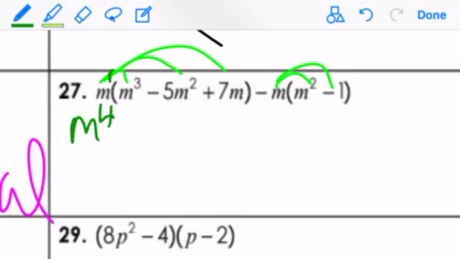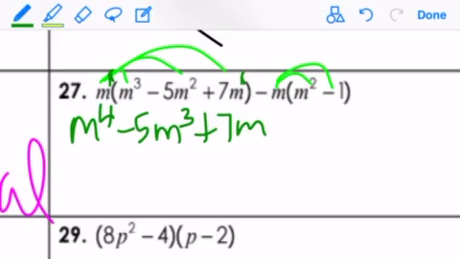All right, next one. So m times negative 5m squared. That's negative 5m to the 1 plus 2, 3. All right, m times 7m is plus 7, m to the 1 plus 1, m squared.